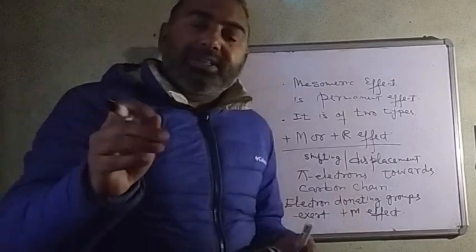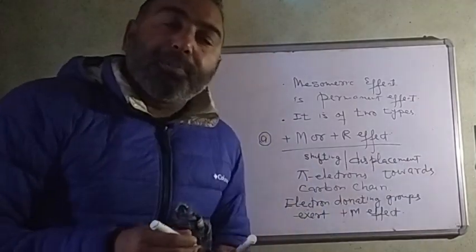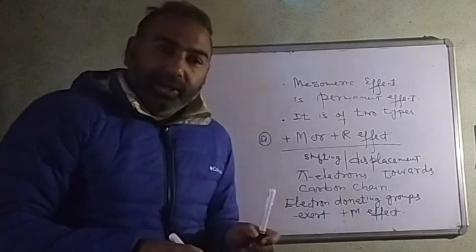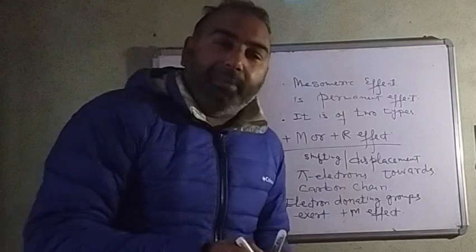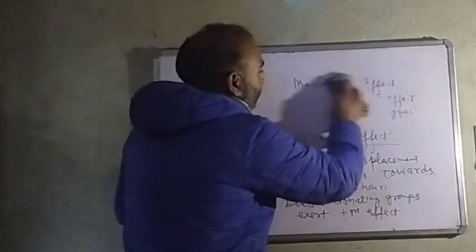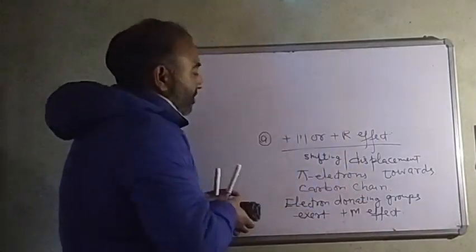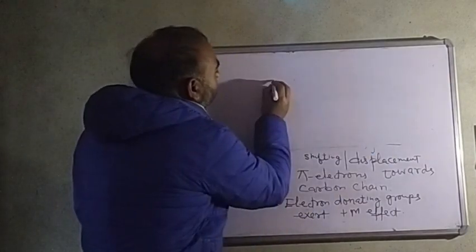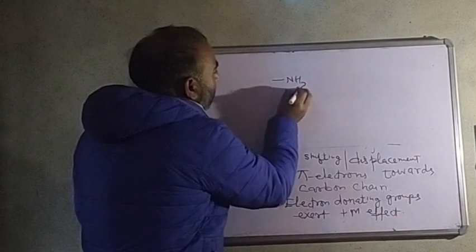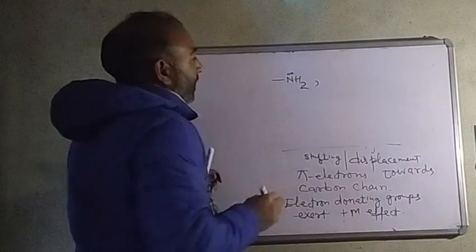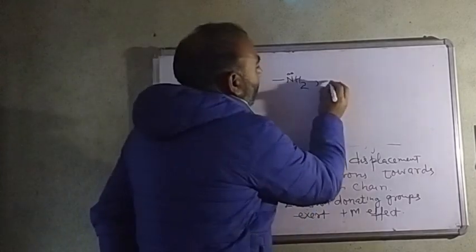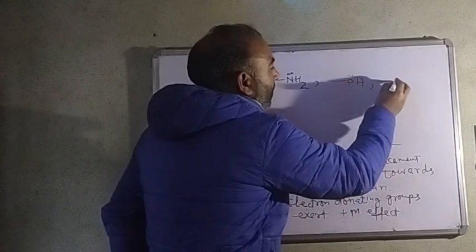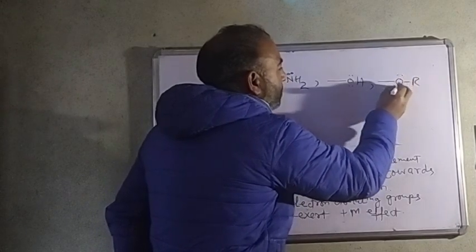Now I will give you some examples of groups which are electron donating or electron releasing groups which exert plus M effect. Now what are those groups? These groups: NH2, OH, OR, alkoxy.